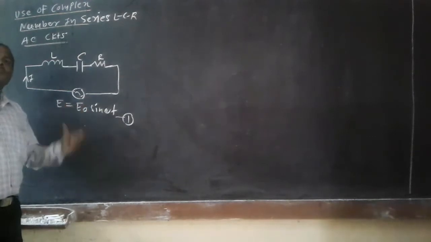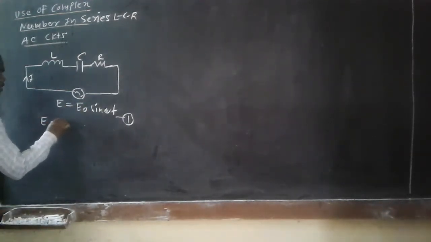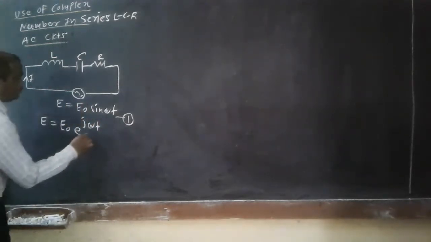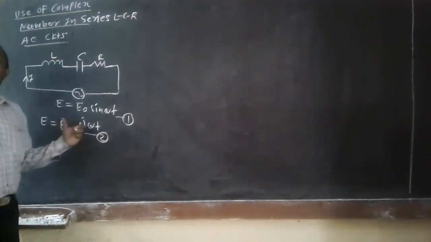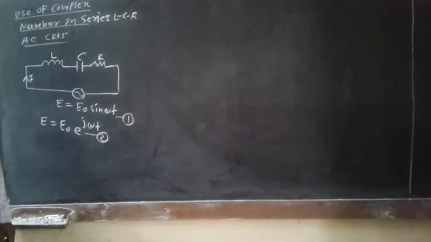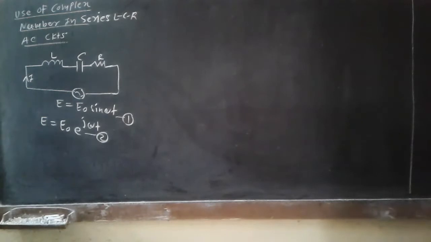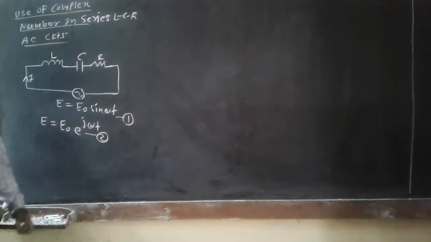Now equation 1 can be represented as E is equal to E0 e raised to j omega t, and we know that the expansion of e raised to j omega t is cos omega t plus j sin omega t, according to complex algebra in mathematics.